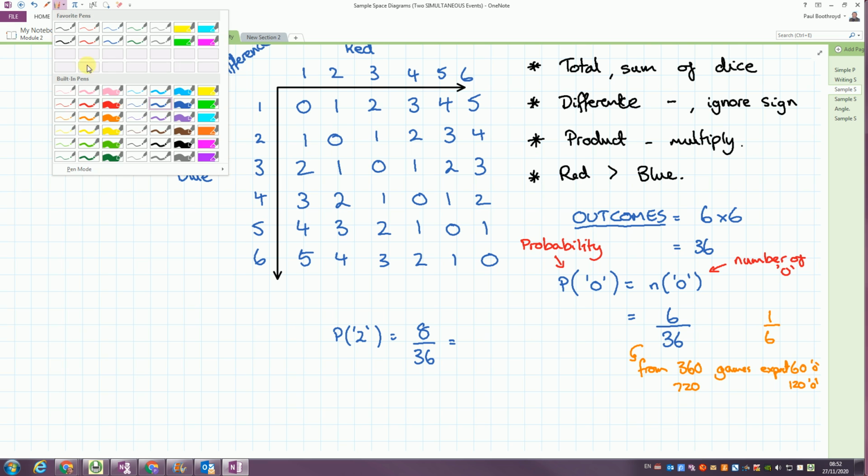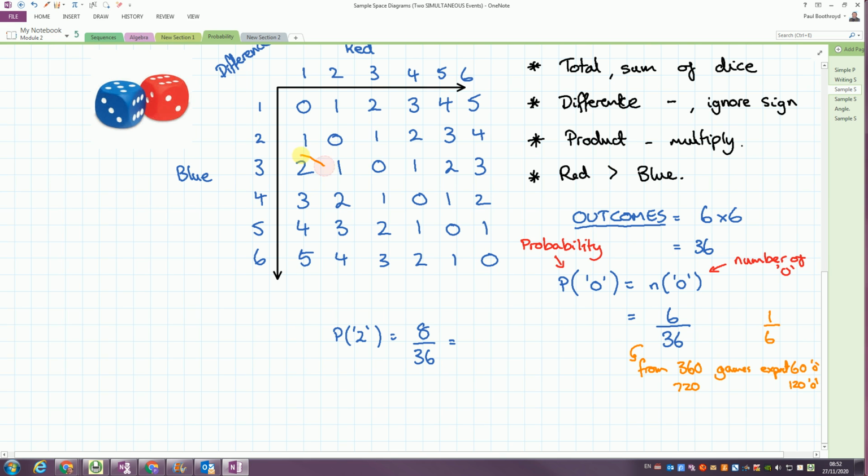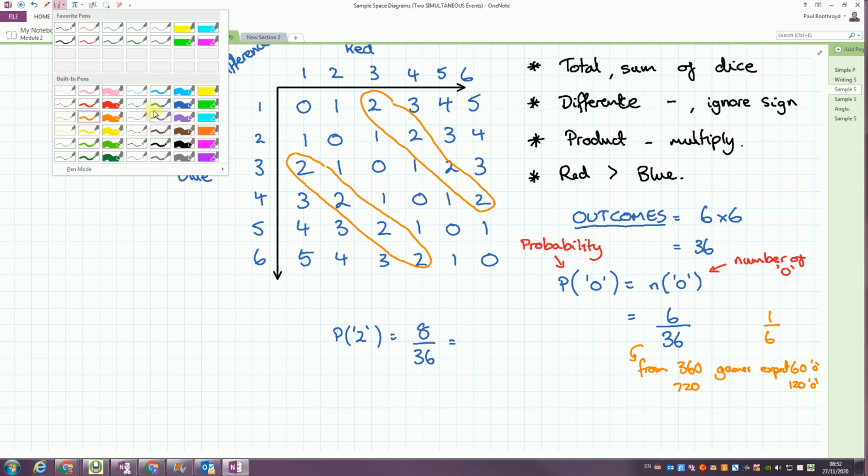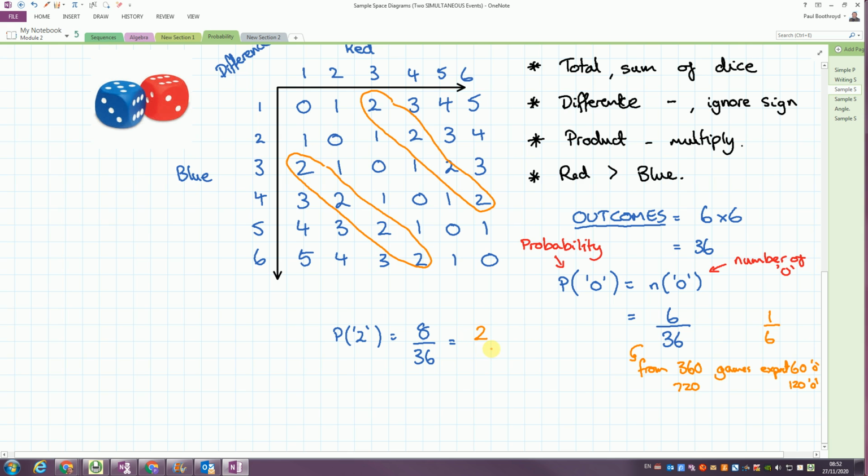Both of those will share by 4, so I'll put the 2s in. So divide both by 4 to give me 2 over 9. 2/9. Okay.